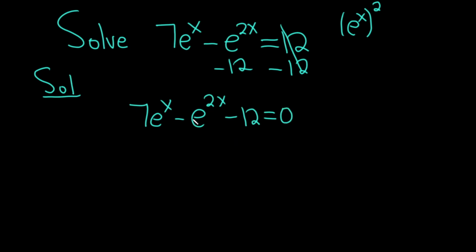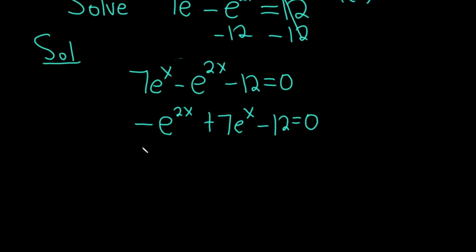Okay, so let's go ahead and write it in descending order. Let's write it like this: negative e to the 2x plus 7e to the x minus 12 equals 0. Basically, I just flip these two. That way this one comes first because that's really the squared term.